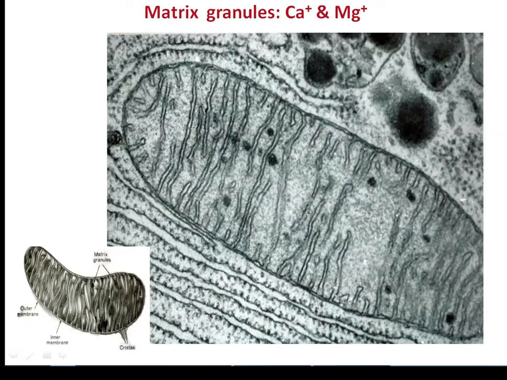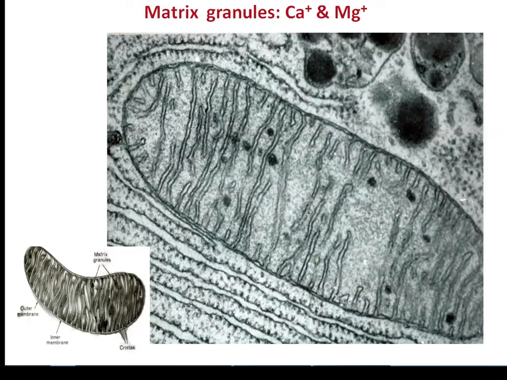Much of the protein components of the matrix are enzymes responsible for the degradation of fatty acids and pyruvate to the metabolic intermediate acetyl coenzyme A, and the subsequent oxidation of the intermediate in the tricarboxylic acid Krebs cycle. Mitochondria also have ribosomes, tRNA, messenger RNA, and dense spherical matrix granules. The matrix granules contain calcium and magnesium ions.